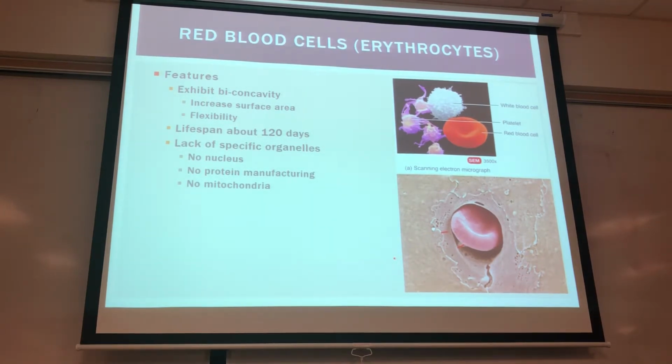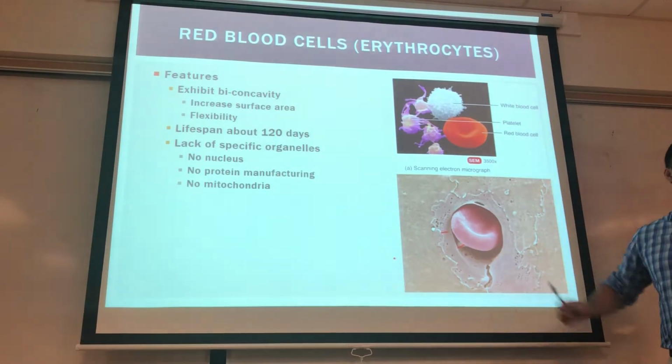Looking at the dysfunction of red blood cells, this is where you would see sickle cell disease, a disease in which the misshapen red blood cells, the deformities present in red blood cells due to a genetic disorder, reduce the oxygen carrying capacity of red blood cells.